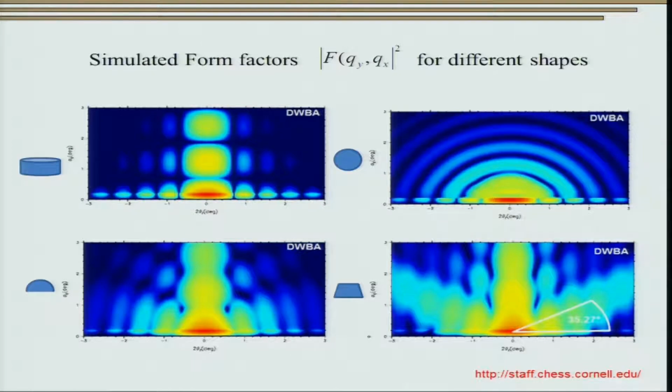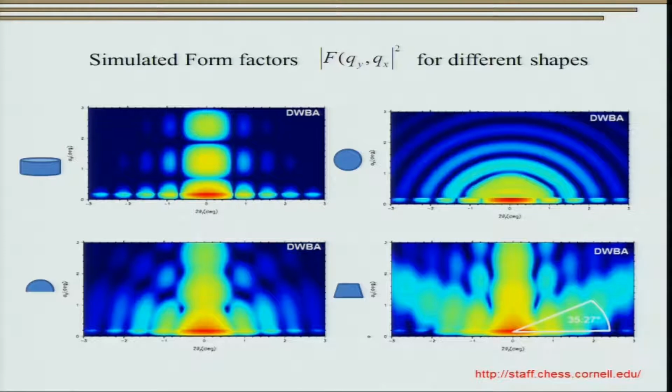So this approximation ensures that this is the kind of pattern we get. This can be correlated with the shape of the particle, and you see there is a bit of periodicity. This periodicity comes in reciprocal space because of multiple scattering events.